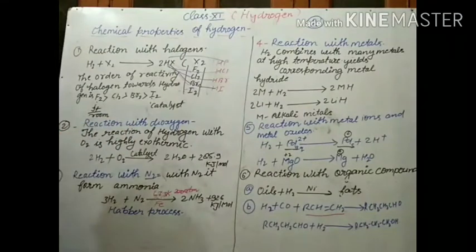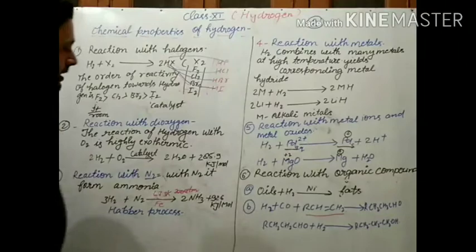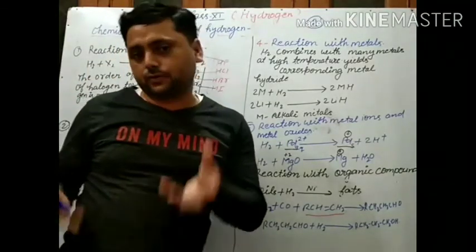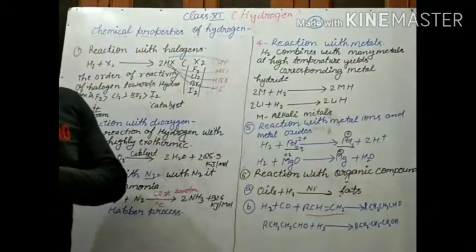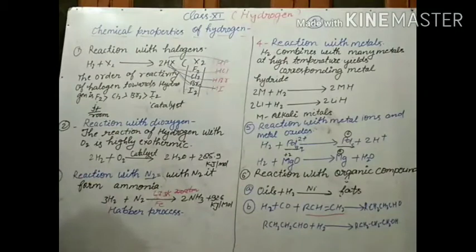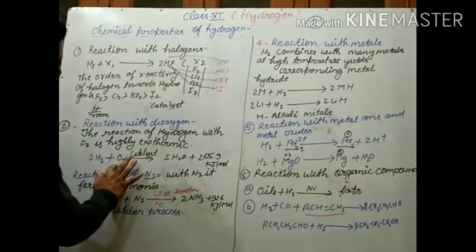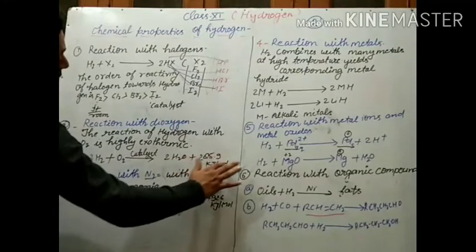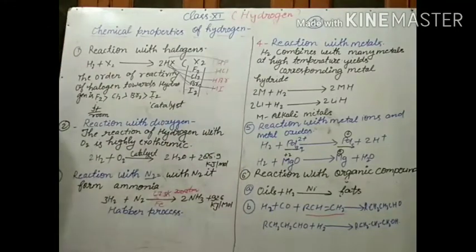Next is reaction with dioxygen. It reacts with dioxygen and forms H2O. This is an exothermic reaction. Here we can see 2H2 plus O2, in presence of catalyst, is formed 2H2O plus 285.9 kilojoule per mole. Energy is being produced.